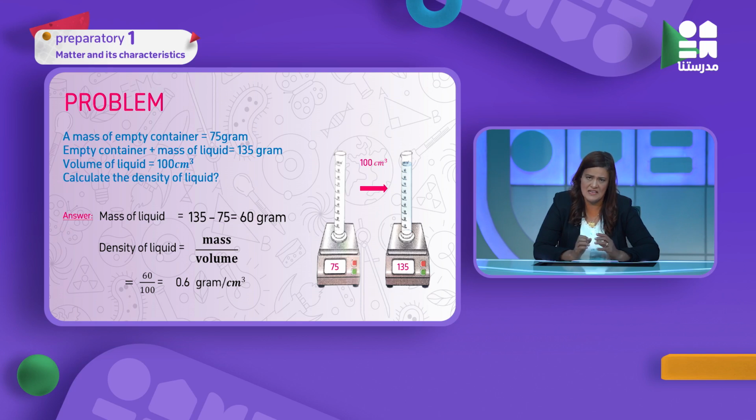So the density, mass over volume, 60 over 100, which is mean 0.6 gram per cubic centimeter. طب أنا لازم أكتب اليونت؟ لازم أكتب اليونت. طيب, أنا بعمل إيه؟ أنا بكتب الرول وبعمل substitution and then I write اليونت.